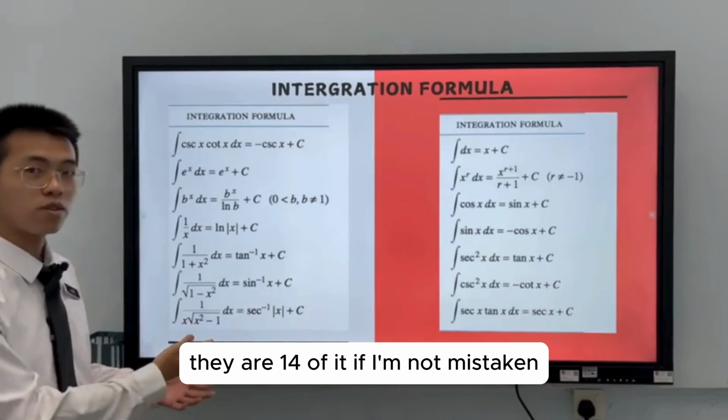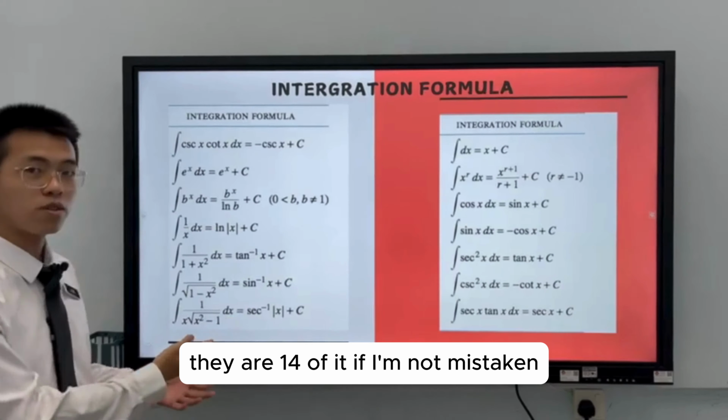Right now we will have our first example, which is to integrate 14 x power 6 dx. When we do this, we will take out the 14 first, so the 14 is up here, and then we only need to integrate x power 6.